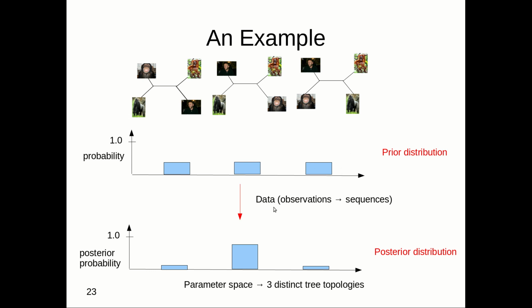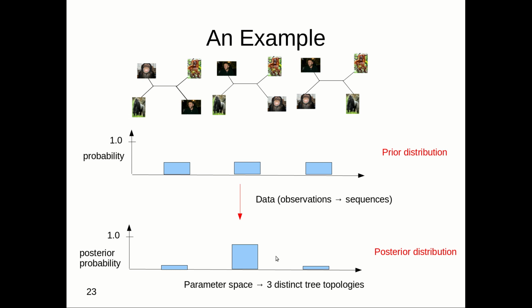Then we add some data or observations to our Bayesian inference machinery. In this case, those are sequences, and we get a corrected distribution for those trees, corrected by the data, and this is the posterior distribution. So here you would see that maybe tree number 1 and tree number 3 have a low posterior probability, and the tree that we actually prefer with a high posterior probability is this one here.